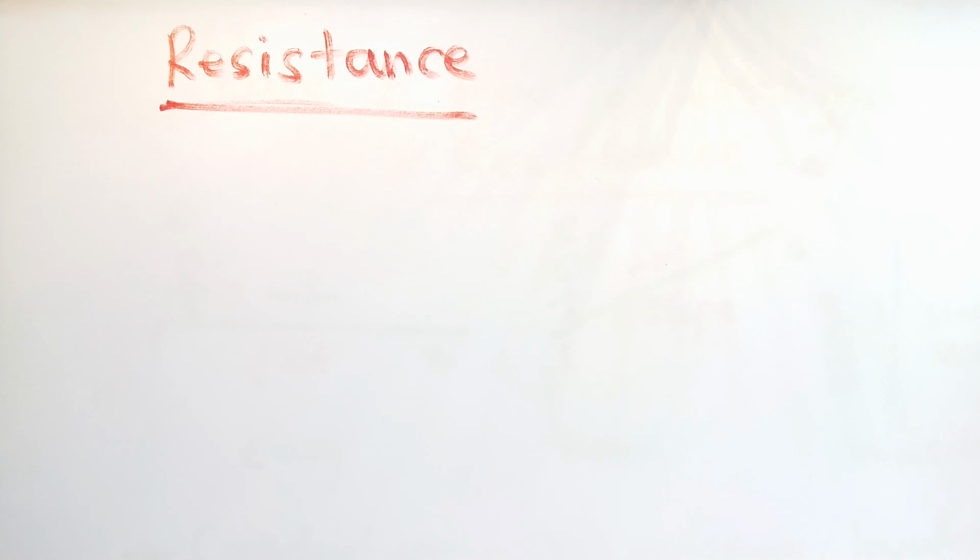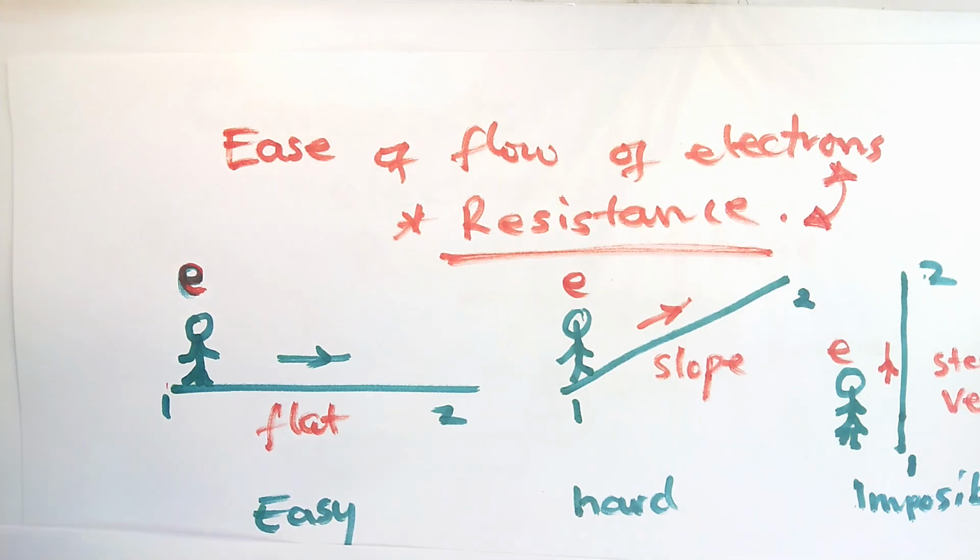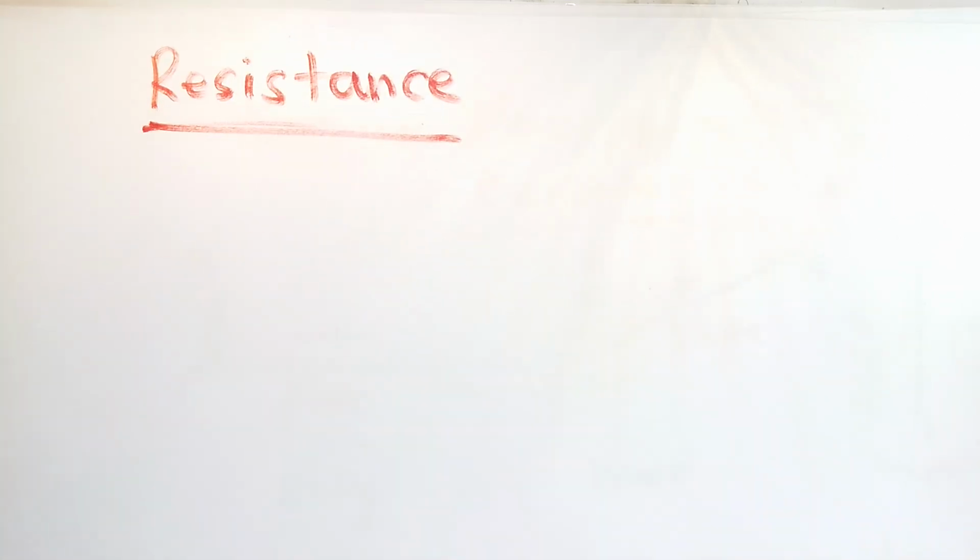Flat, less resistance. Gentle, more resistance. Steep, extreme resistance. Vertical, almost impossible to walk on. It's actually impossible to walk in a vertical direction. I have not seen anyone do it. So that analogy we had given you earlier will help you with that.